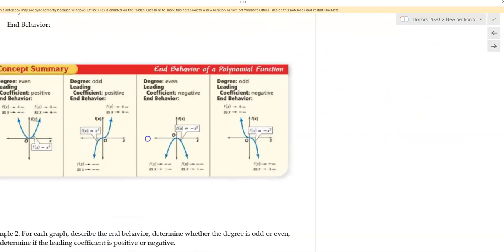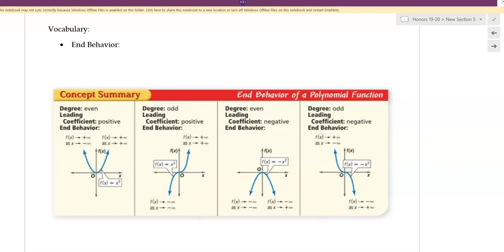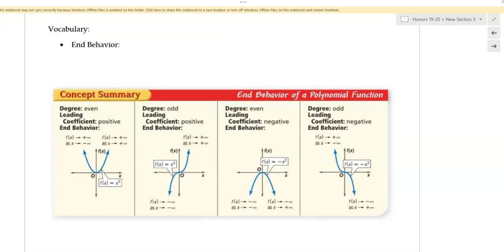The other thing we're going to talk about today is end behavior, okay? Graphs that have the same kind of degree, and we'll talk about that, and the same kind of leading coefficient, have the same end behavior. Okay, and what end behavior is, is what the graph does as it continues forever.